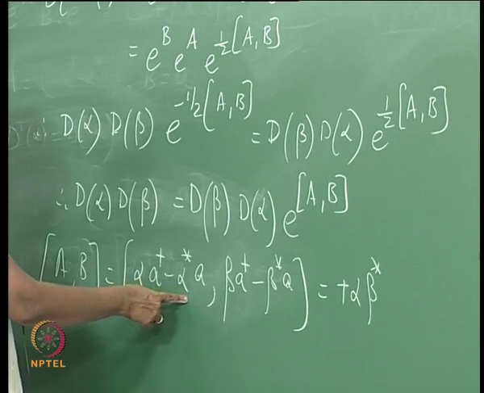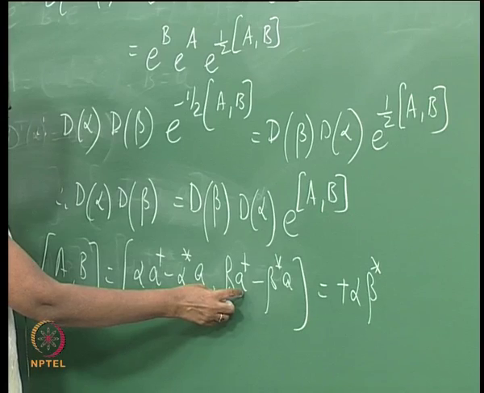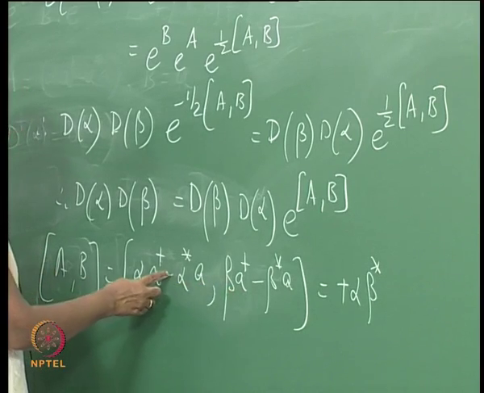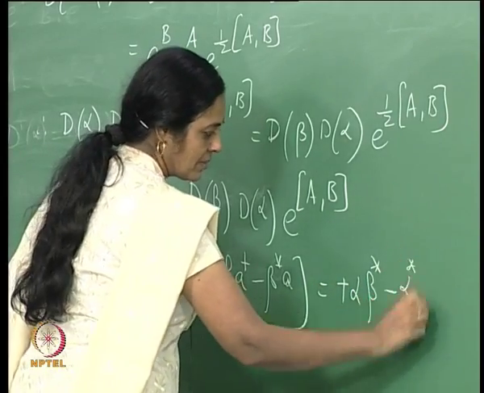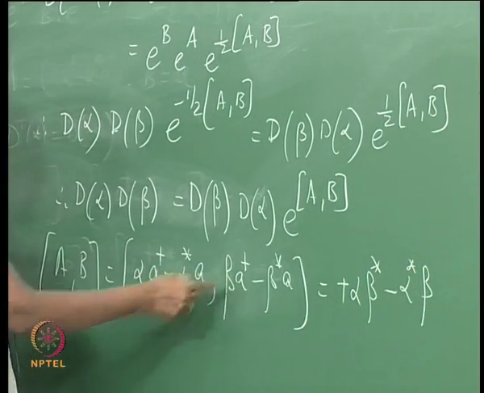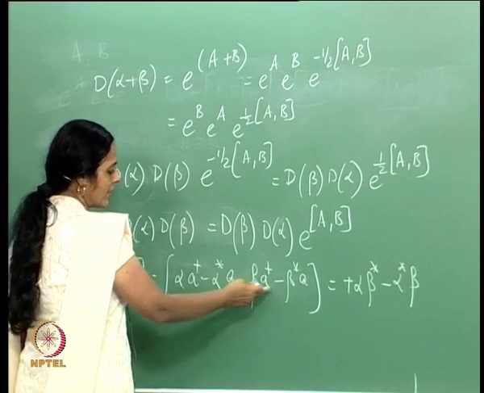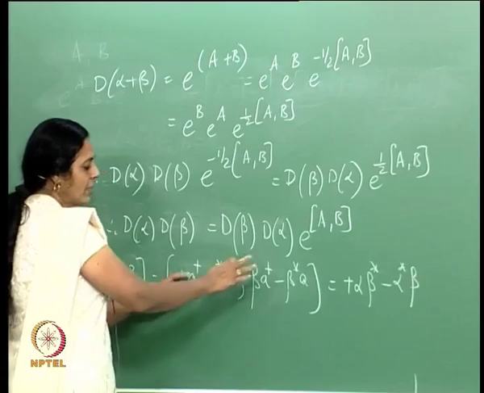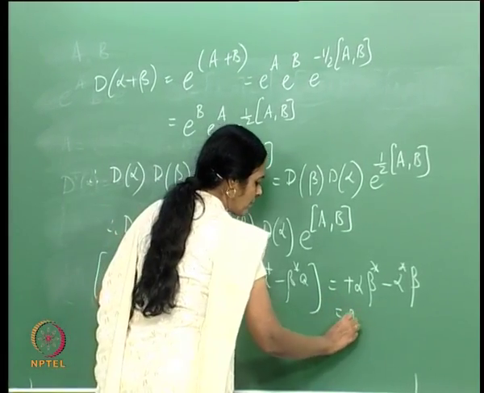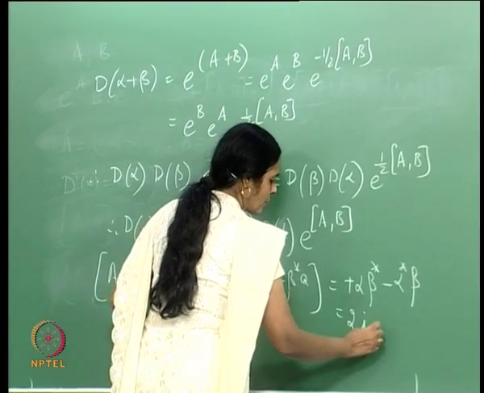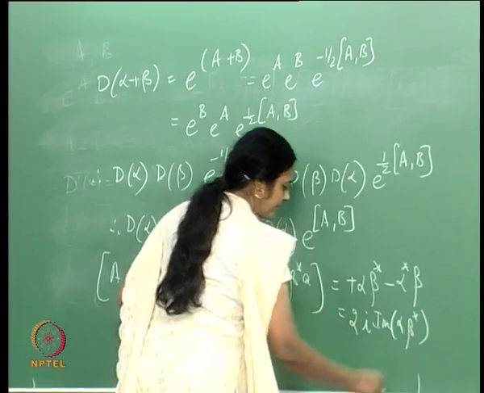Now look at the second term, minus alpha star a commutator with beta a dagger gives minus alpha star beta. The commutator of a with a dagger is 1. However, minus alpha star a commutes with minus beta star a, and therefore this is the only contribution. But this object is simply 2i times the imaginary part of alpha beta star.